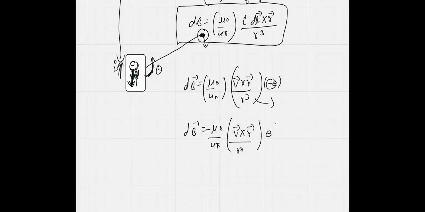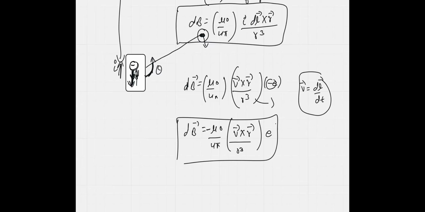That is the exact value. Understood? But we can change the thing a little bit. What is this velocity? Can I say that velocity is nothing but dl by dt? And if I keep the value of this, can I say that this whole thing comes out to be dl cross r divided by t?